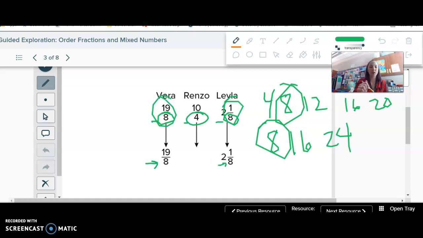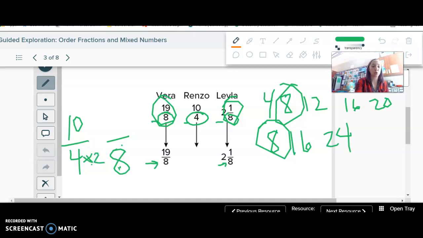But for 10/4, I need to think, okay, if I have 10/4 and I want it to have a denominator of 8, how can I make that happen? What can I multiply by? Remember, we did this back in December before winter break. I can think, oh, times 2 and times 2.